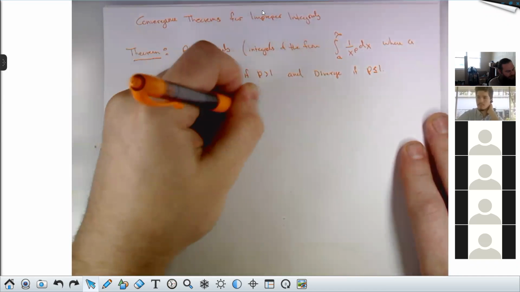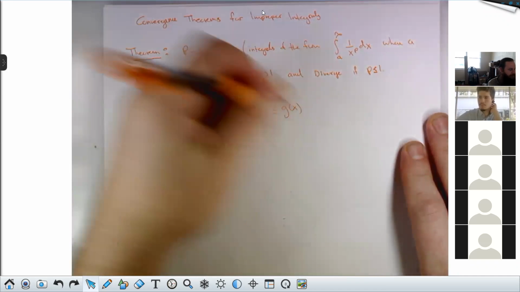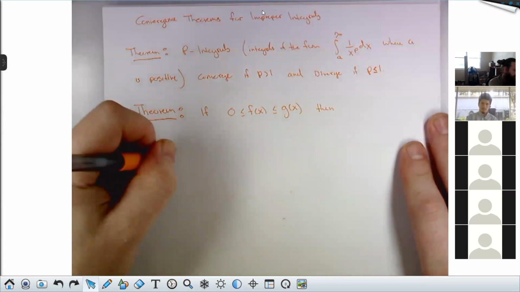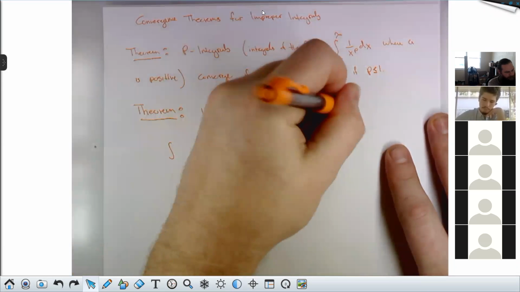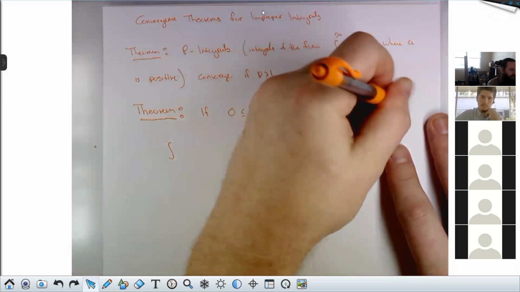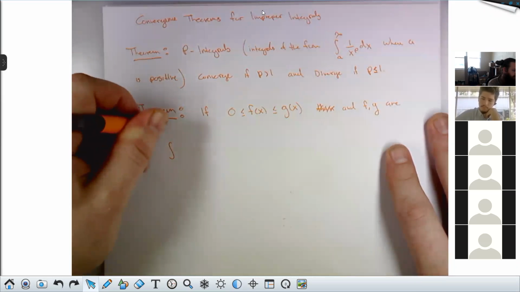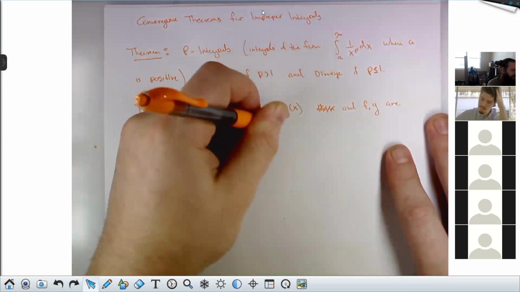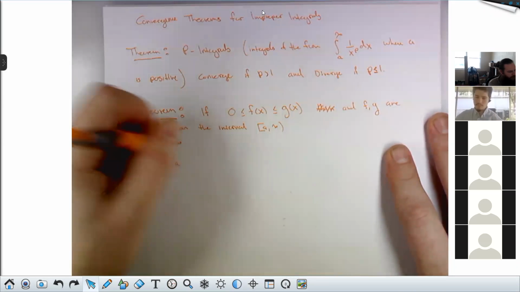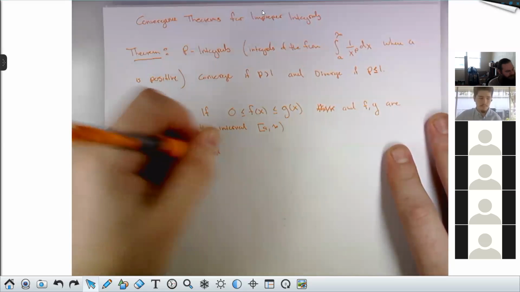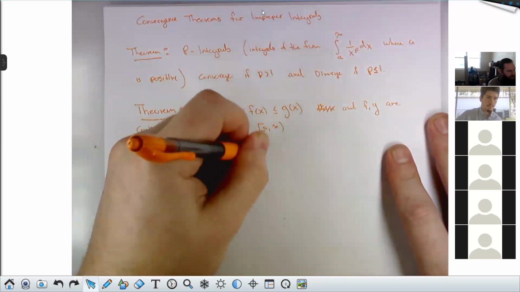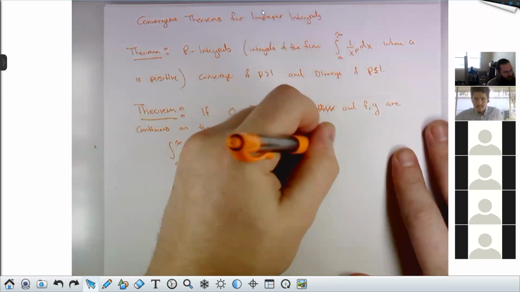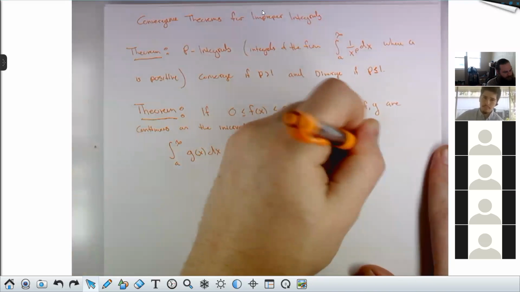If 0 is less than or equal to f of x is less than or equal to g of x, and f and g are continuous on the interval a to infinity, then the integral from a to infinity of g of x dx converging implies that the integral from a to infinity of f of x dx converges.